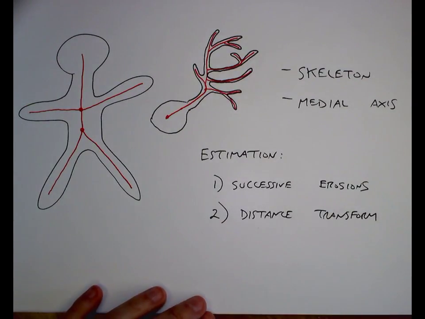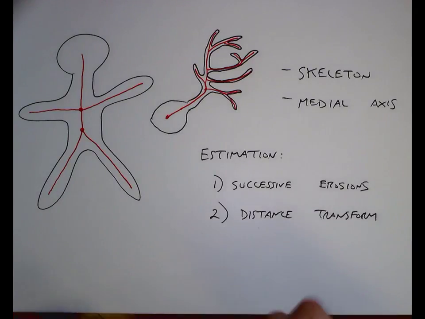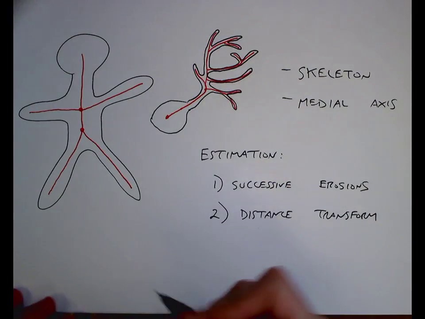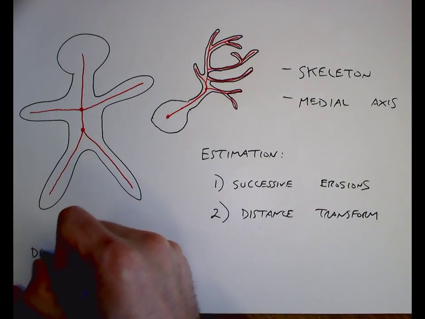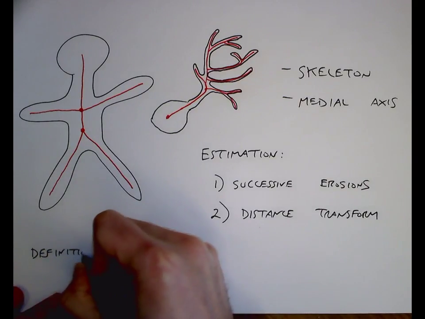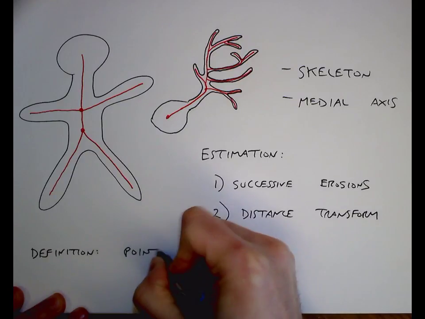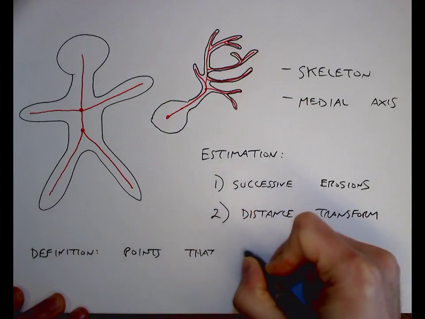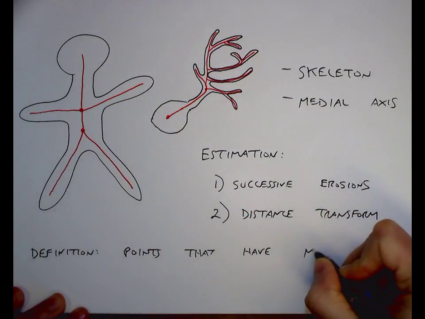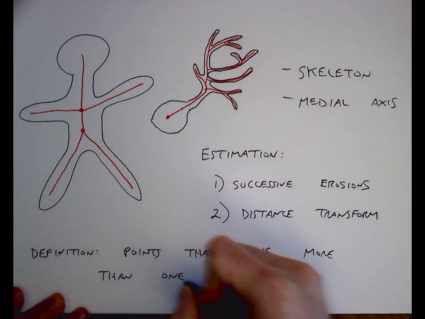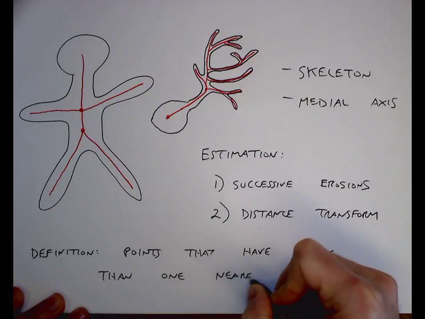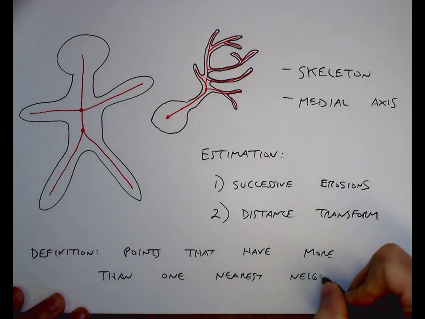In terms of a more formal definition of what constitutes this medial axis, you could basically define it as points that have more than one nearest neighbor. So what does that mean?